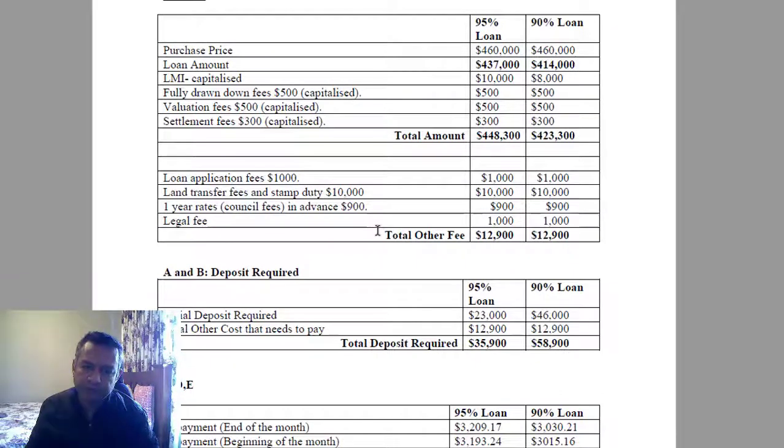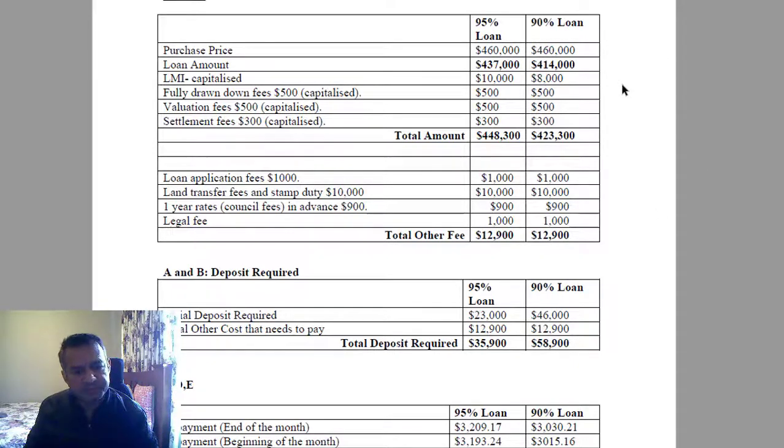Next, we need to calculate how much we need to have to go for the loan, as we need a 5% deposit at 95% loan and a 10% deposit for 90% loan. We also need to pay other fees from our pocket. So the loan application fee, which is $1,000, we need to pay from our pocket.